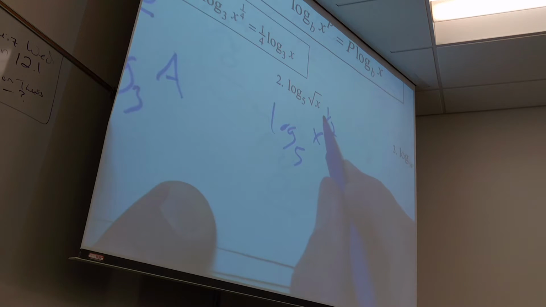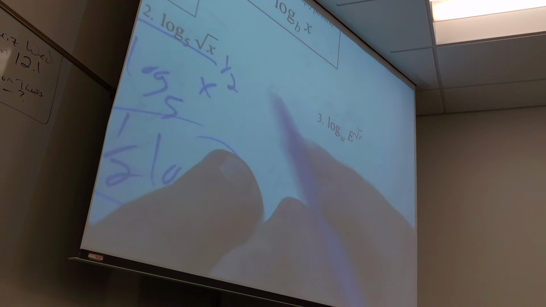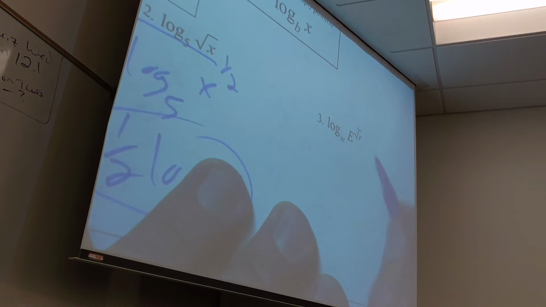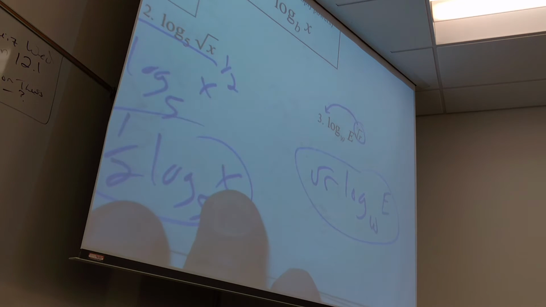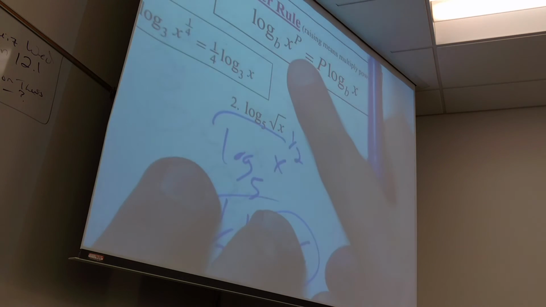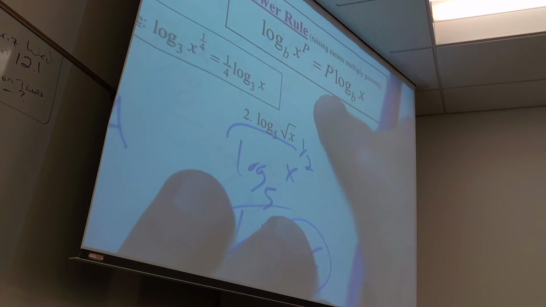So then the 1/2 can come down. And then finally, this one, what's the power here? Square root of r. So that square root of r just comes down. Bam. Whatever the power is on the inside can come out in front of the logarithm. That seems like the least useful one, but that actually ends up being the most powerful rule there is.